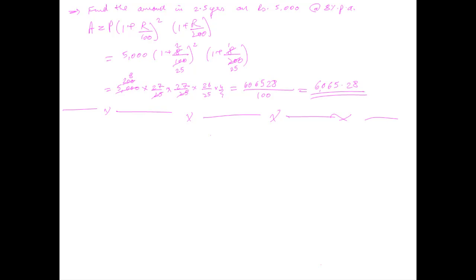The simple interest in 3 years and compound interest in 2 years at a certain rate is 1200 and 832 respectively.